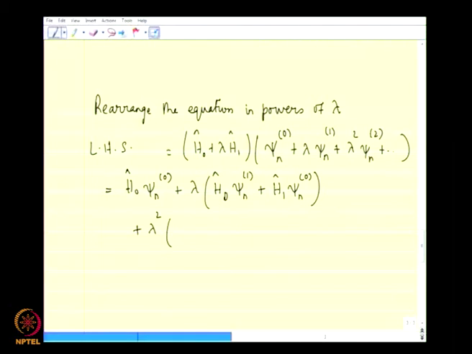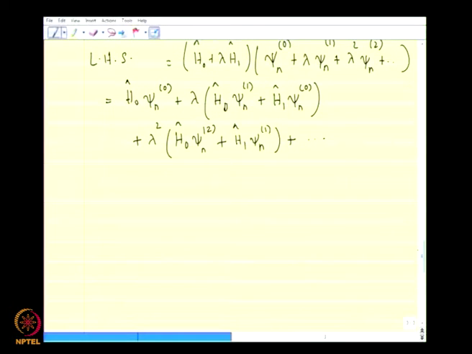Again if you look at lambda square, the term is H naught acting on psi n2, which has the same power, and the other one is H1 acting on psi n1, plus lambda cube terms, lambda 4 terms. So this is the left hand side arranged in increasing powers of lambda.